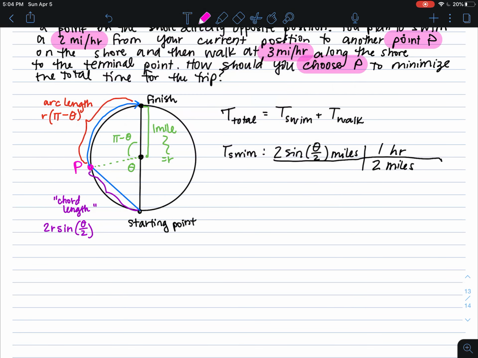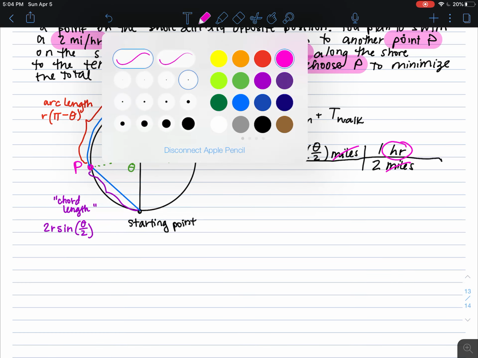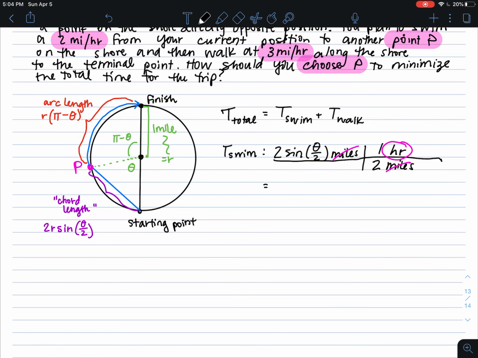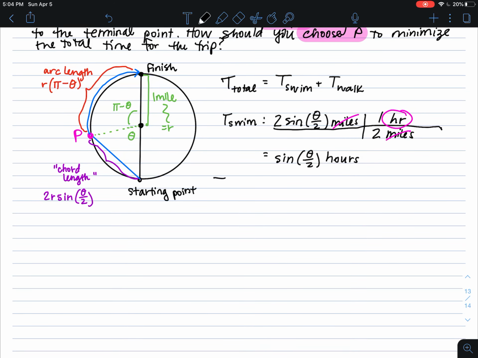And when we multiply across, we're going to be able to cancel our miles and get units of just an hour. So the time it takes us to swim is going to be, our 2's cancel, so we have sine of theta over 2 hours as the time it'll take us to swim. The time it'll take us to walk is the distance of this arc length divided by the rate.